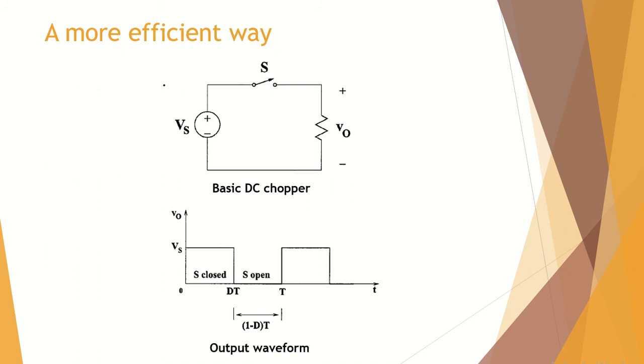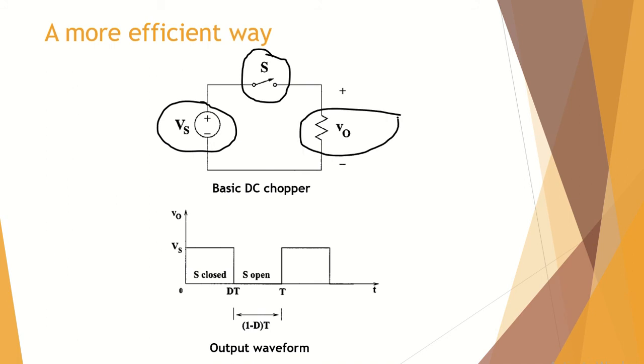So what we have seen, this is a DC voltage source. Consider this a simple ideal switch, an on and off switch. And here is our load.